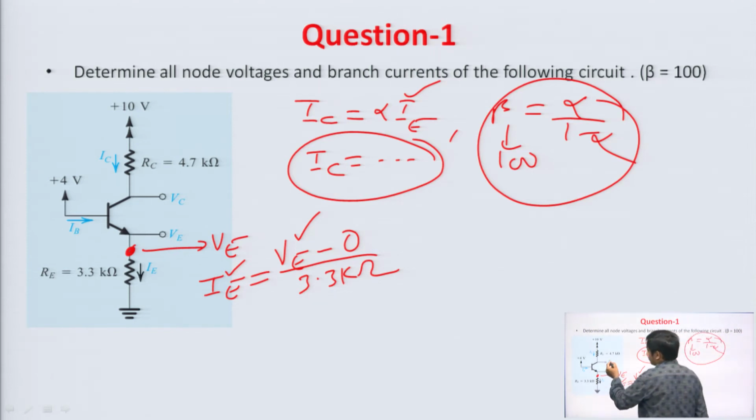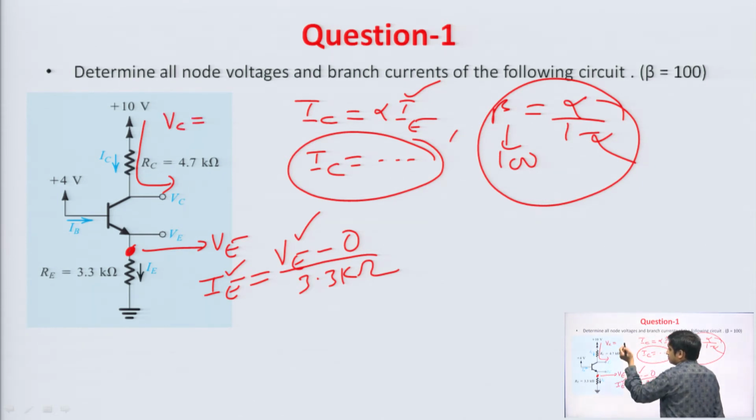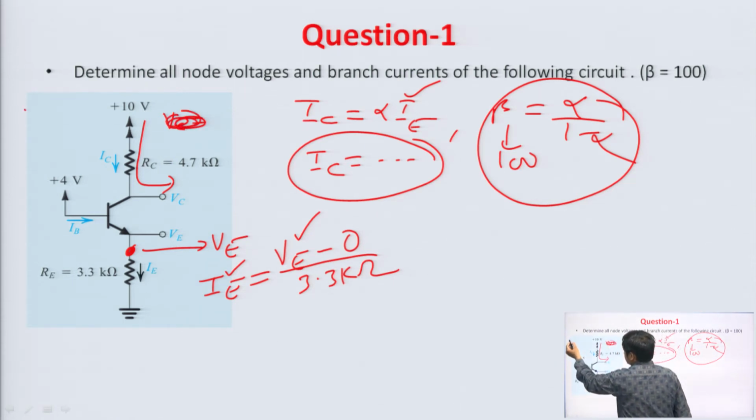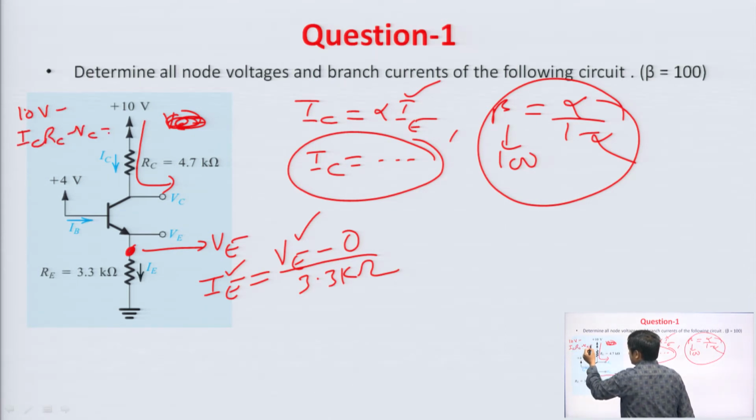Now, what is the collector voltage here? If you apply KVL here, you can calculate the collector voltage VC. You can write it like this: 10 volt minus IC RC minus VC is equal to 0.